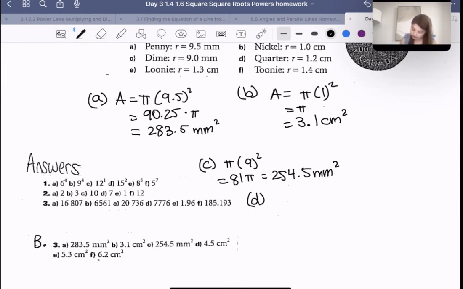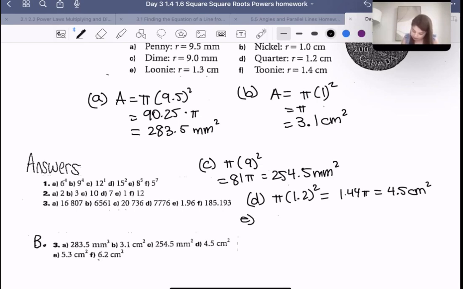So D is going to be pi times 1.2 squared, which is going to be, let's see, what's 1.2 squared? That's 1.44 times pi, which is equal to 4.5 centimeters squared. Awesome.